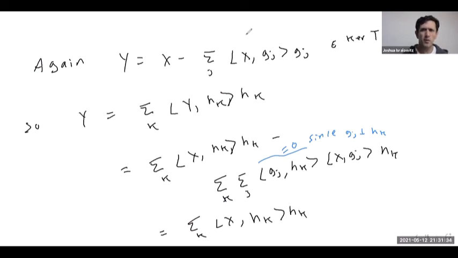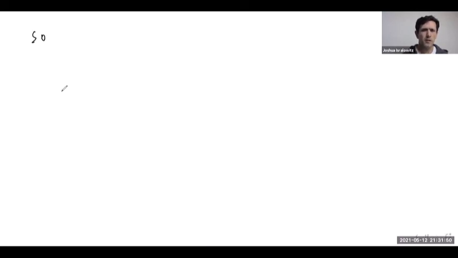Okay, so we've just proven that y, which is x minus this sum, equals this sum here. Okay, so in other words, for any arbitrary x in my Hilbert space, I wrote x as this sum here.